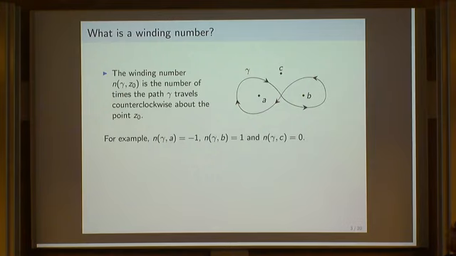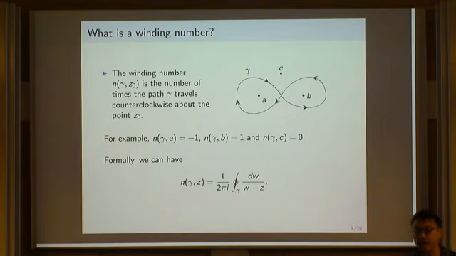And that's point A. We can see that gamma travels clockwise about A for exactly one round. So here, the winding number of gamma about A is -1. For point B, gamma travels counterclockwise about B for exactly one round. So here, the winding number of gamma about B is 1. And C is actually outside gamma. So here, the winding number of gamma about C is 0.